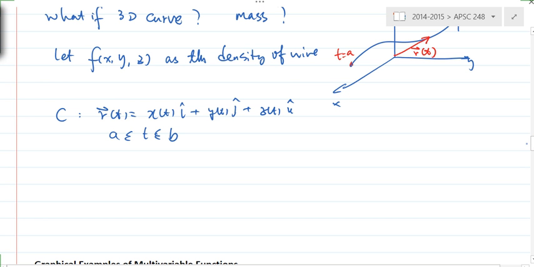If you're more precise, maybe you should write a to b, so that indicates the direction of the change of t there.